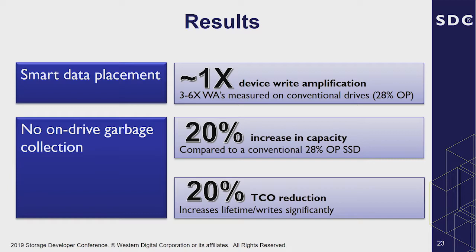F2FS has zone block device support, and you may end up in a situation where your files are cleanly allocated, being aligned to zones, but that's not the general workflow of F2FS. With RocksDB, the SS tables are immutable, right? That's the whole trick.